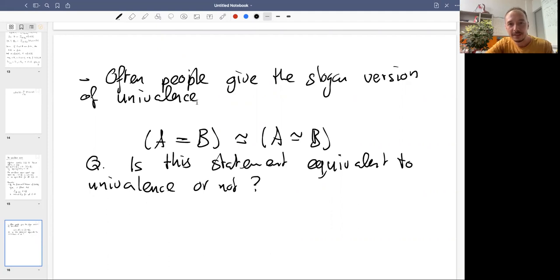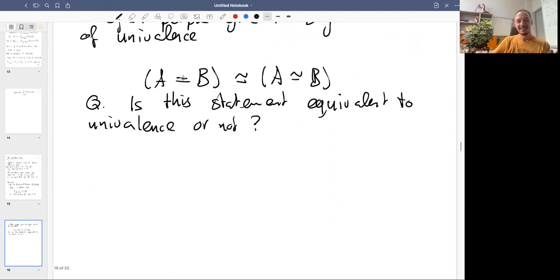Someone notices that they should use the fundamental theorem of identity types. This is very good. You should always use the fundamental theorem of identity types. I was glad to see that. Okay, so we are going to use exactly that.